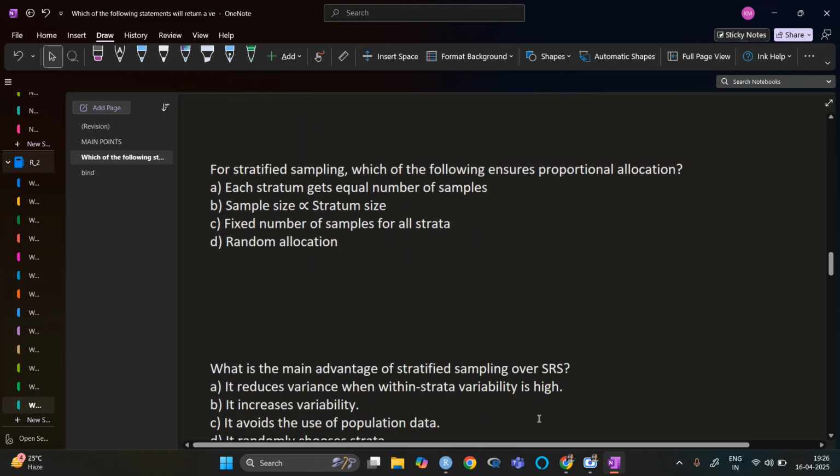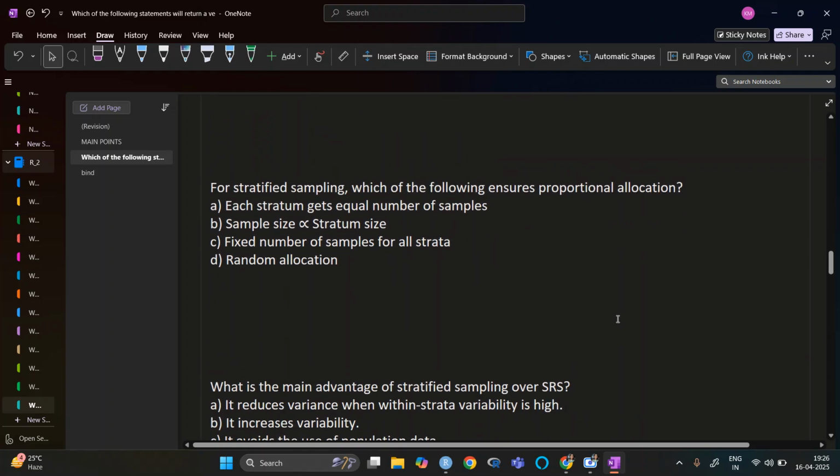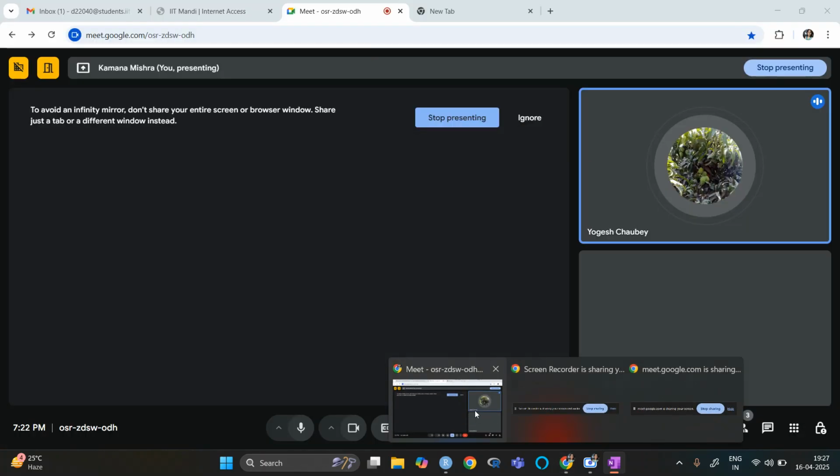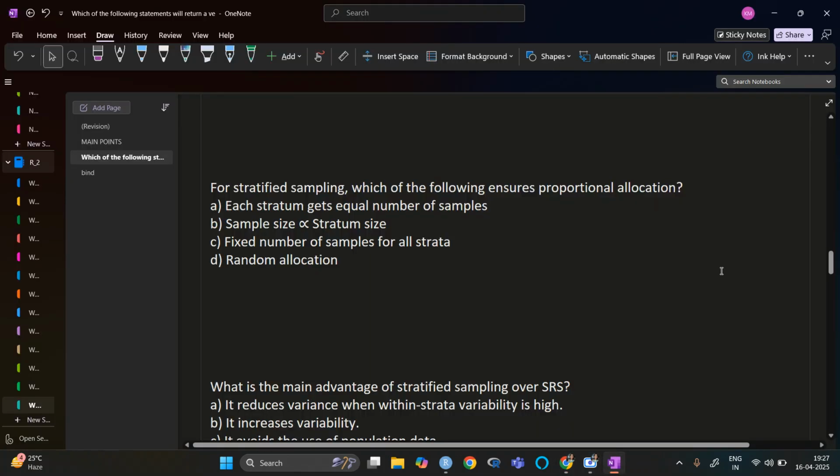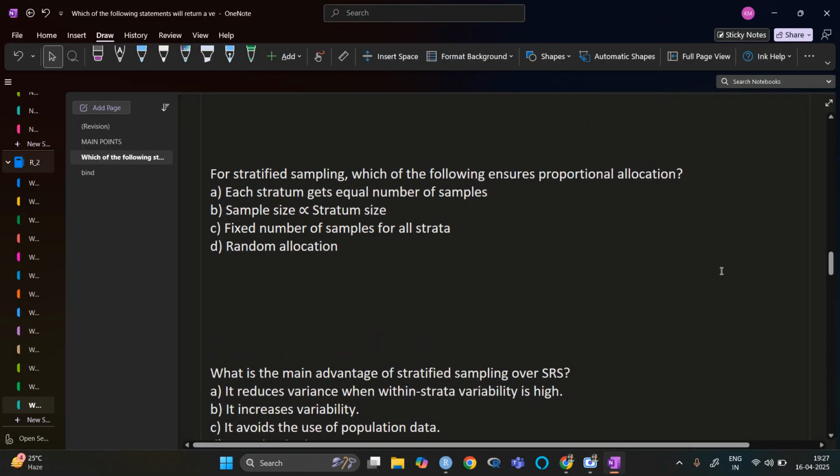For stratified sampling, which of the following ensures proportional allocation? Each stratum gets an equal number of samples?